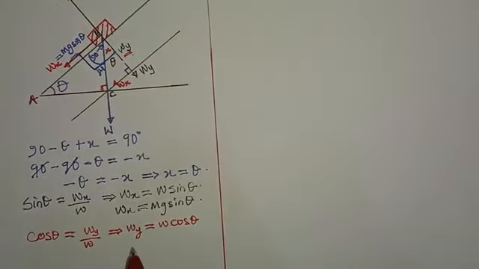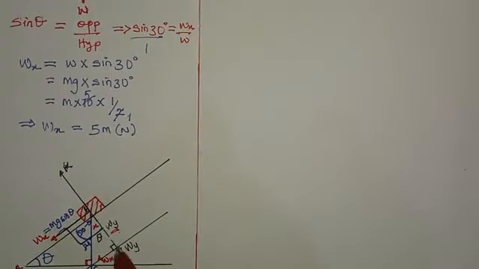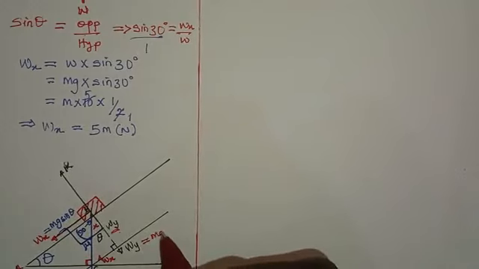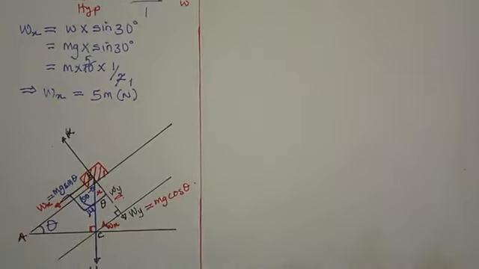So in terms of mass, WY is equal to mass times acceleration due to gravity, then cos theta. So that shows that this component of the weight perpendicular to the inclined plane is equal to mg cos theta. Is that understood?